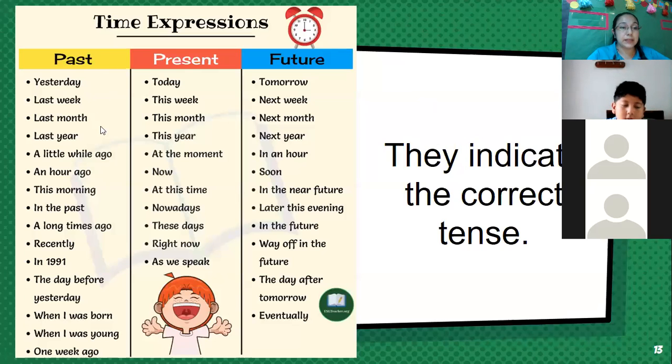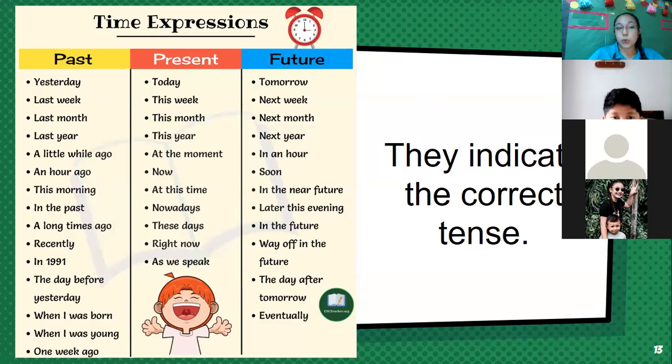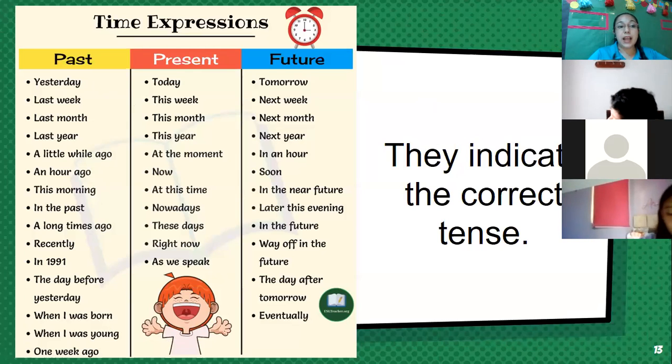So let's see. For example, in past, we have a long list here. You have 3 columns, and the first one is in yellow. You have past. We have, for example, yesterday. That means the action you developed some days ago, maybe the last day. Last week, last month, last year, a little while ago, an hour ago, una hora antes.